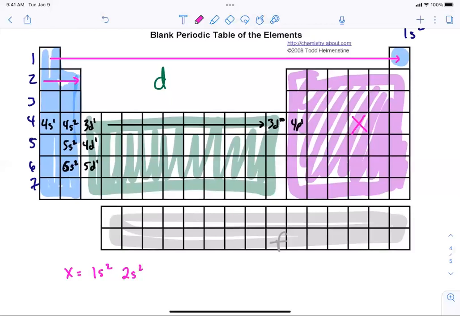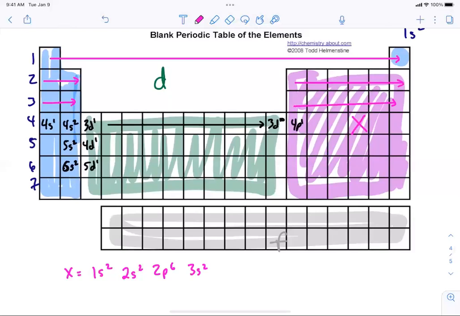What I'm saying is that even if the periodic table were blank and they just labeled an unknown element at this box of the periodic table and asked for the electron configuration, it wouldn't matter whether it was selenium or not. Does that make sense? Okay. So 2s2 and then 2p6. Then 3s2.